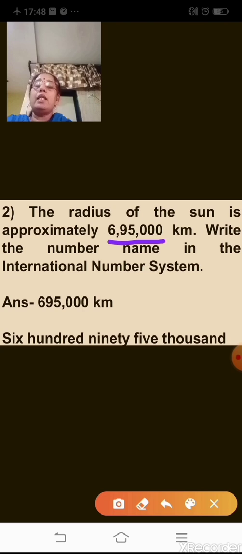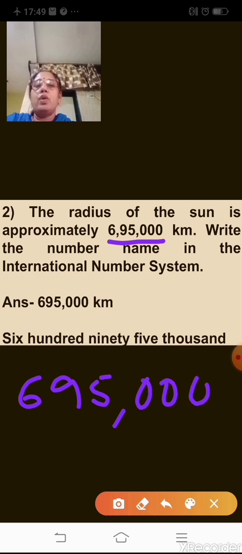According to the International Number System, we put a comma after every 3 digits, starting from the right hand side. So when we put the comma, the digits 6, 9, 5, 0, 0, 0 are written according to the International Number System. When we read this number, these are ones, tens, 100, 1,000, 10,000, and then comes 100,000.